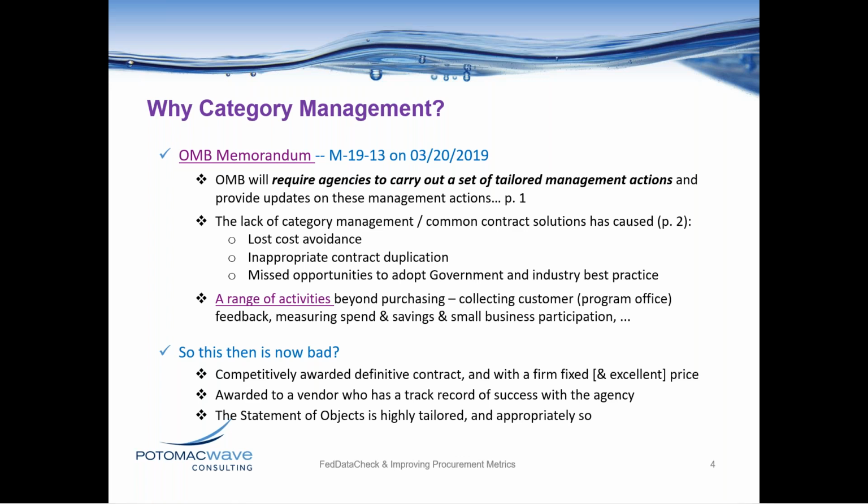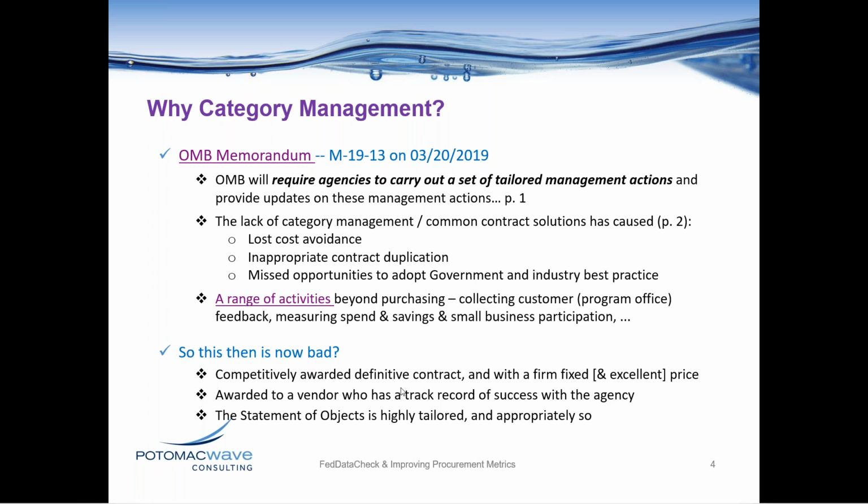I've heard both stories from very senior level acquisition officials, and one in particular, we had a conversation where I got that scenario. He says, well, I'm being punished if I write a great definitive contract, firm fixed price, everything in there is just how I want it.